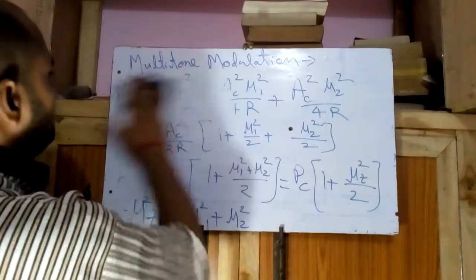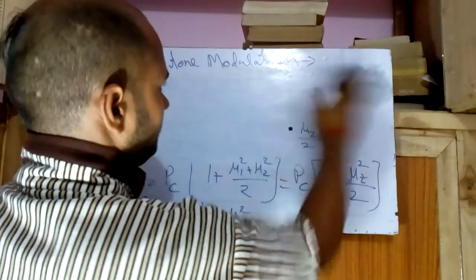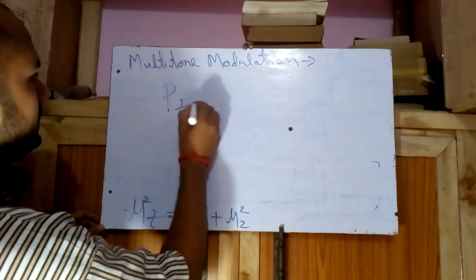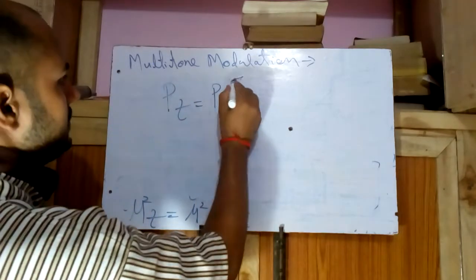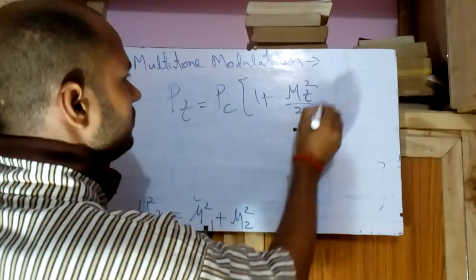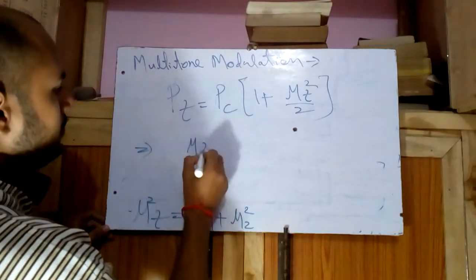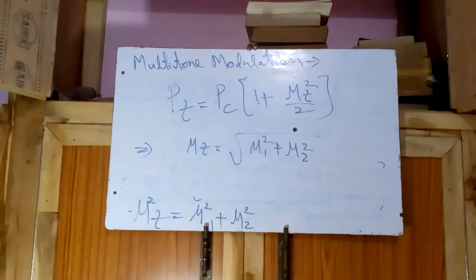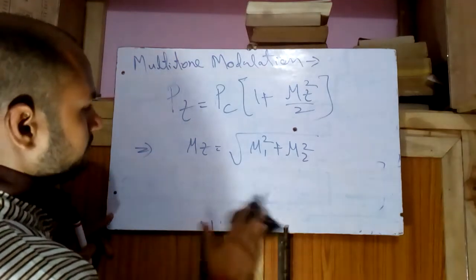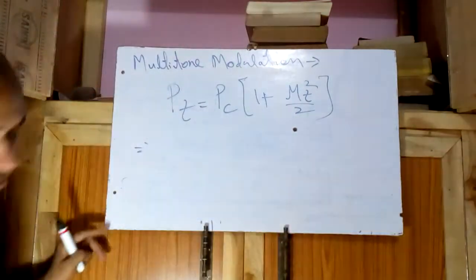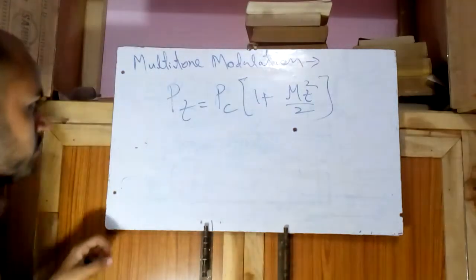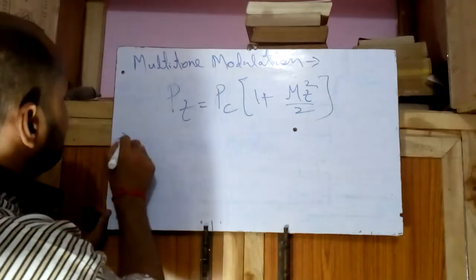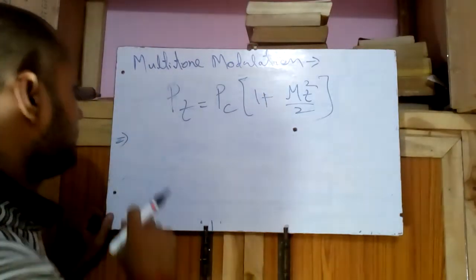So writing this PT formula: PT is equal to PC into 1 plus mu t square by 2, where mu t is equal to under root mu1 square plus mu2 square. From the power formula we can write the equation for voltage of transmitter and the equation for current of transmitter.